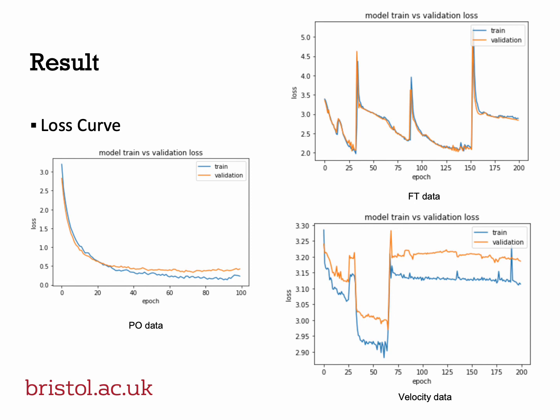The loss curves for FT and velocity data were always oscillating, and the classification accuracy after 200 epochs of training was not very high, at about 41% and 11% respectively. Therefore, selecting the PO data to classify the motions using the LSTM model can achieve a better result.